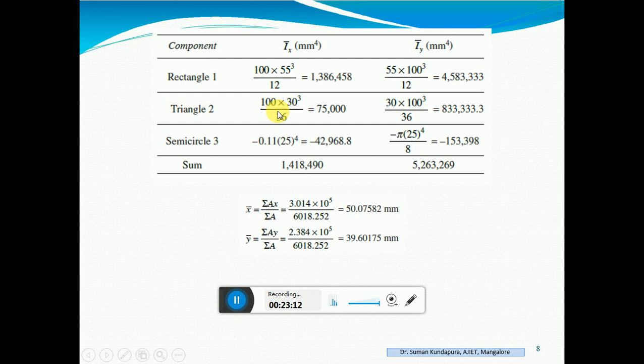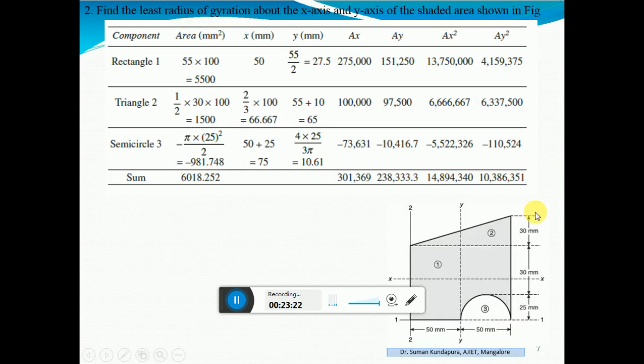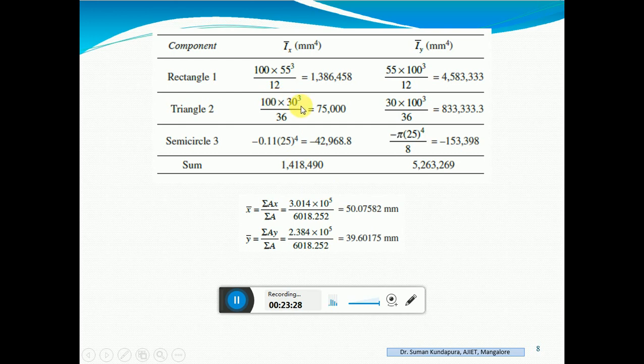For the triangle it is BD cube by 36. The other one, Iy bar, will come later.